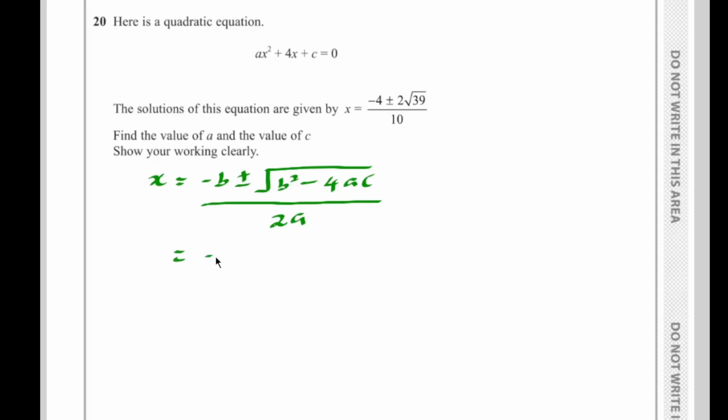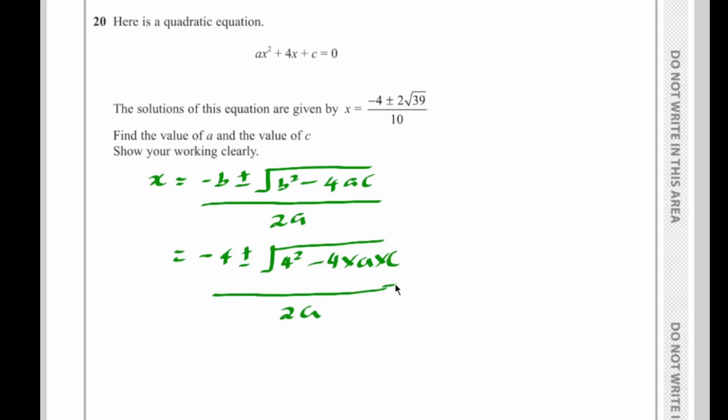Minus b, b stands for 4, so minus 4 plus or minus root of 4 squared minus 4 into a into c, over 2 times a. So this is the x solution when using this equation.